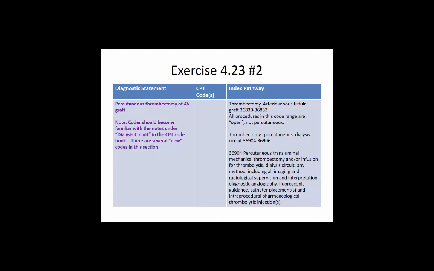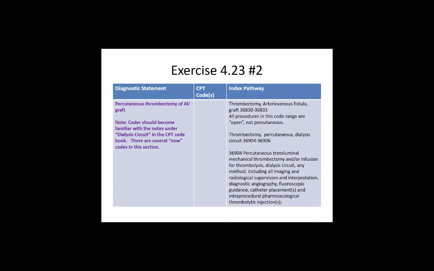So I went back to the index under thrombectomy, looked under percutaneous, and looked at the terms under percutaneous, and the only one that had anything to do with the fistula was a dialysis circuit, and it gives me a range of codes. So then when I went back, like I should have done the first time, went back into the code book, read those pages that talk about the dialysis circuit, then I understood what the codes meant and why I couldn't find the code.